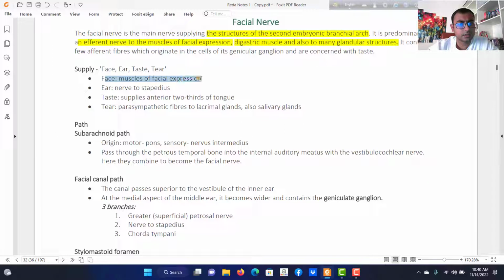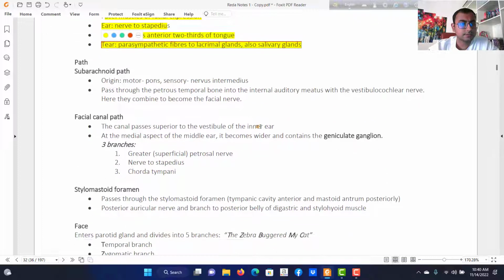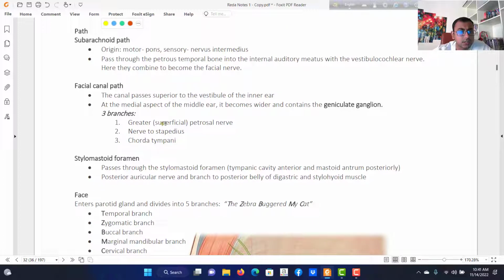It supplies the muscles of facial expression, the nerve to stapedius, taste to the anterior two-thirds of the tongue, and parasympathetic fibers to the lacrimal and salivary glands. It has a motor origin in the pons and sensory nerves. In the facial canal it gives the greater petrosal nerve, the nerve to stapedius, and the chorda tympani. This is the facial path.